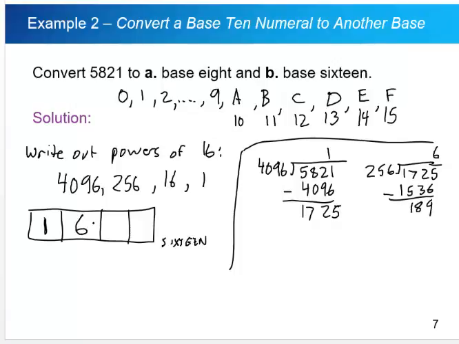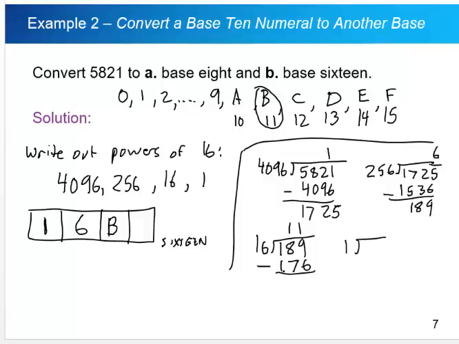Put a 6 here. And now I want to know how many 16s go into 189. 11 point something. So 11 times 16 is 176. Instead of writing 11 in here, remember, we want to write the letter version, so I'm going to write B instead.